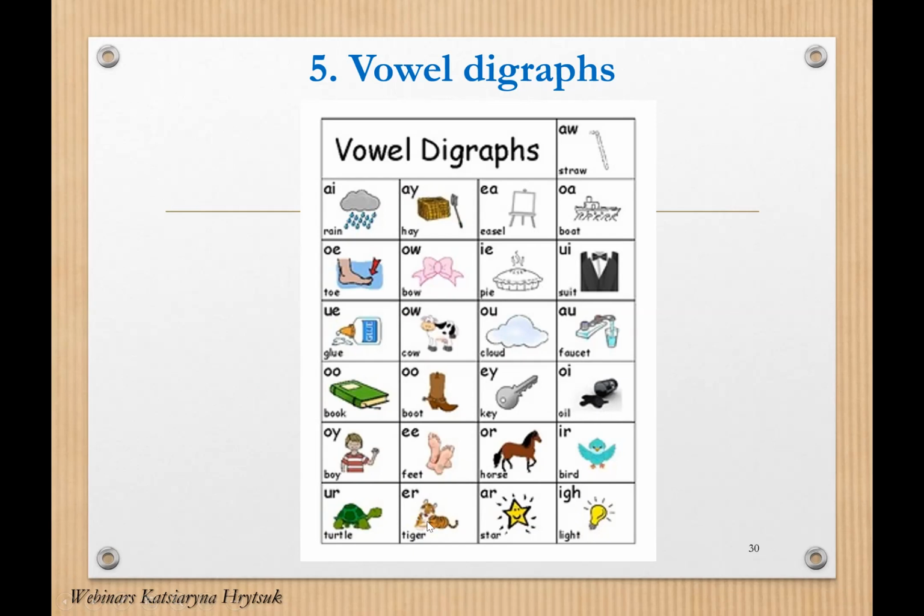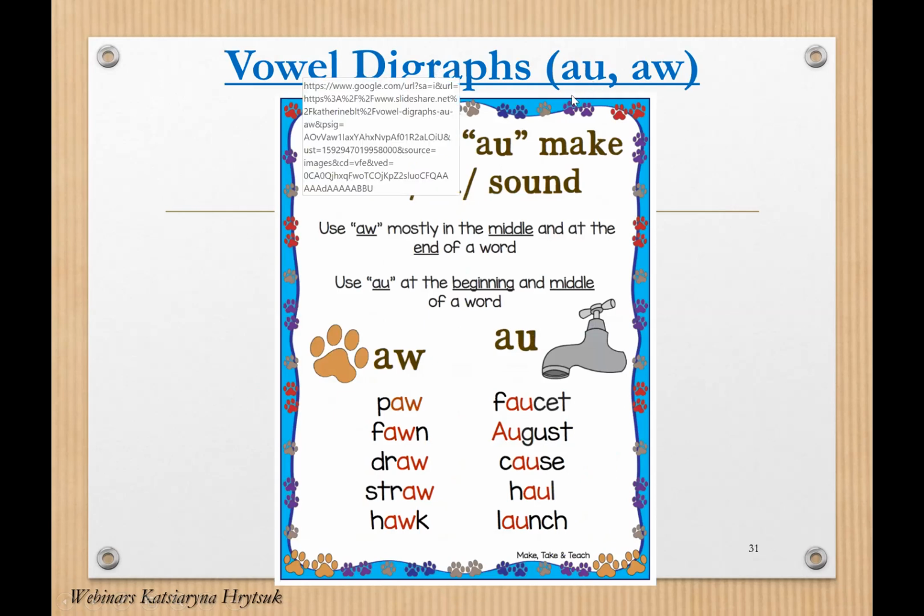Star, tiger, it's also vowel digraph. So vowel digraphs, this one, AU and AW. This has very specific rules, and I decided to choose them to talk about because AW we can find mostly in the middle and at the end of a word, like here. And we read it like or. Pour, fond, draw, straw, hawk.